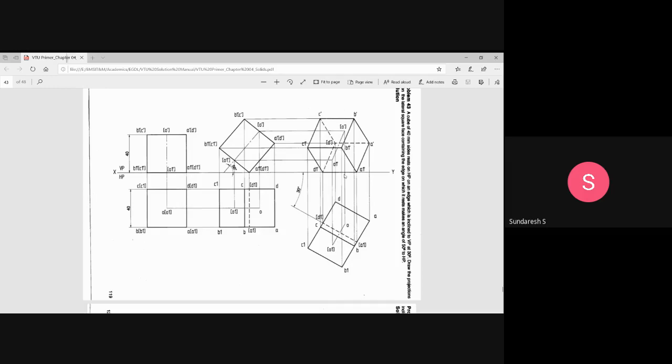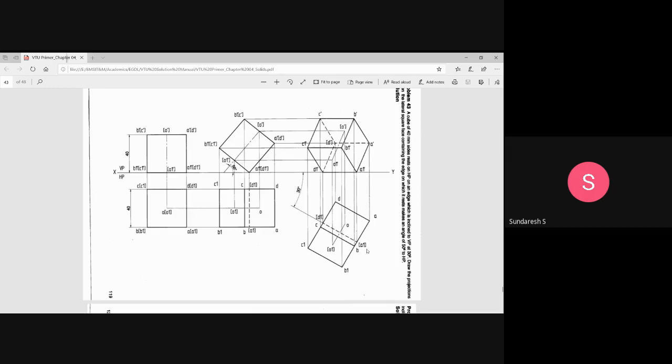Now we are observing the solid from the front. When you observe in this direction, you can see the complete base, that is A1, B1, C1 and D1, because that base is nearer to the observer. Therefore A1, B1, C1 and D1 are completely visible in the front view.